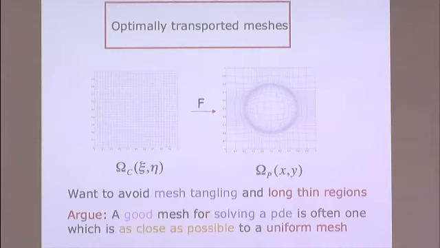Now, we've had a lot of talks already comparing AMR with uniform meshes, and a lot of people have been saying uniform meshes are good, really good. And the reason uniform meshes are good is that they avoid long, thin regions and all that sort of stuff. So it's not unreasonable to say a measure of the quality of a mesh is how close it might be to a uniform mesh.